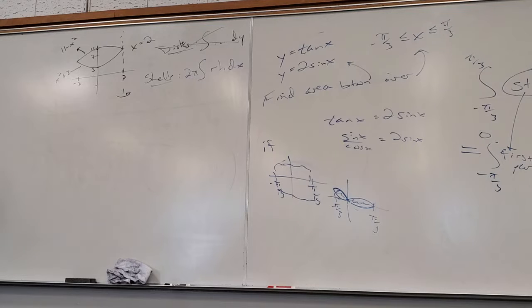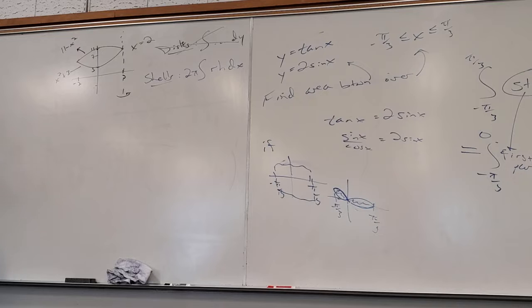So what do I locate in my picture? When I'm doing disks, I need to locate my radii, or radius if I just need one. When I'm doing shells, I need to locate a rectangle. And I kind of gave it away just there, but is it going to be standing up or laying down?